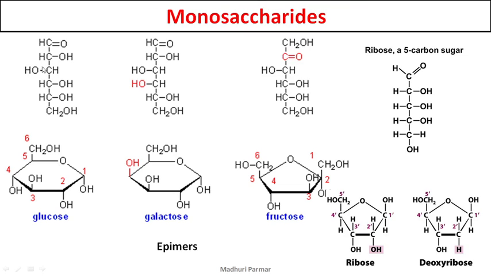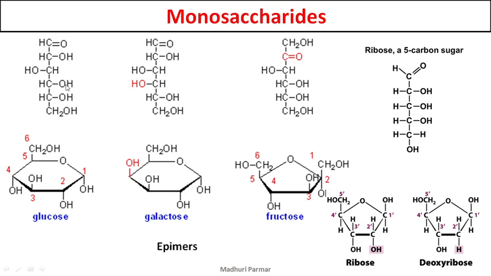Right, so we just saw the structure of glucose in Fischer projection and in cyclic form. Now galactose. Glucose and galactose are aldohexoses, which means they both have an aldehyde group. So how are they different? With the same molecular formula and almost the same structural formula, the only difference is on carbon number 4.